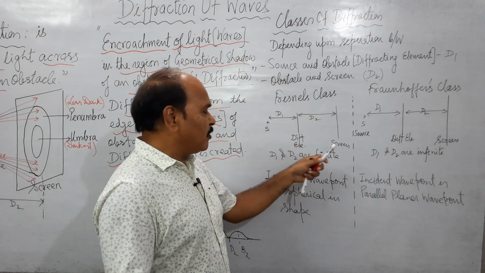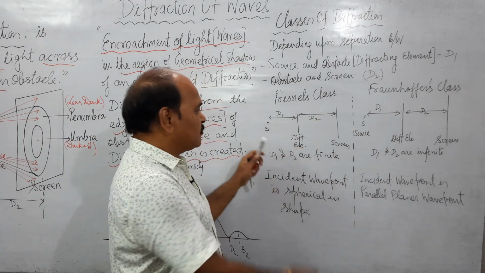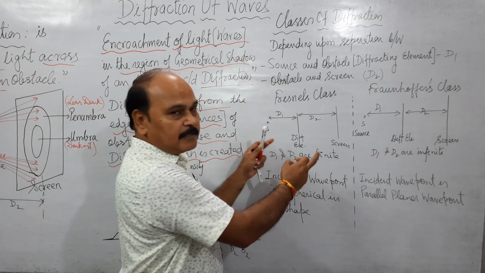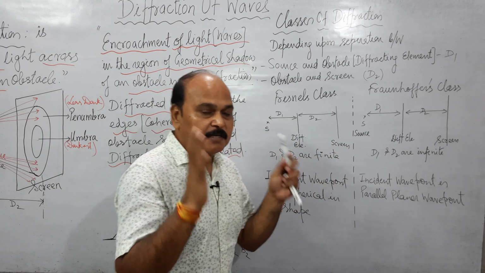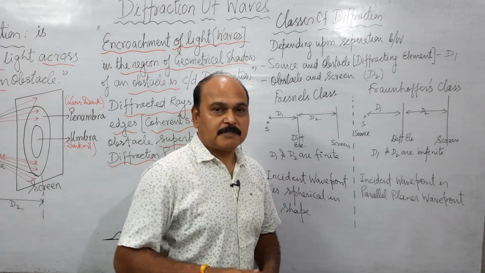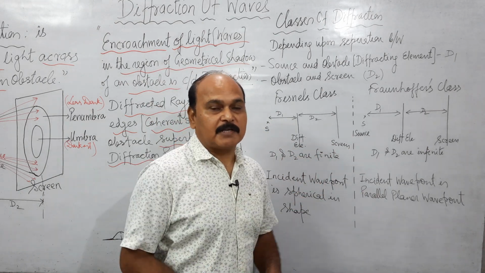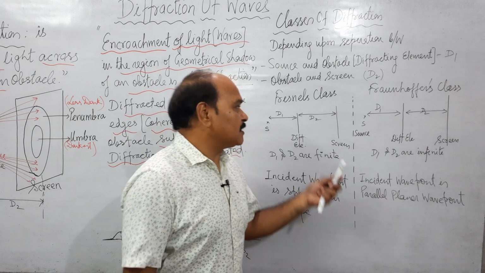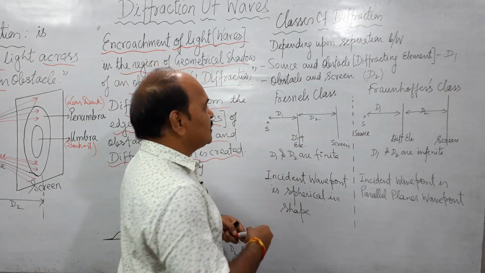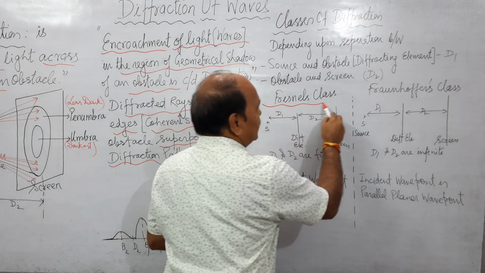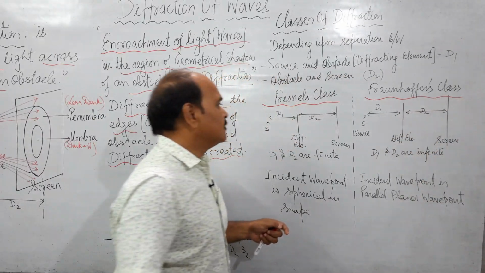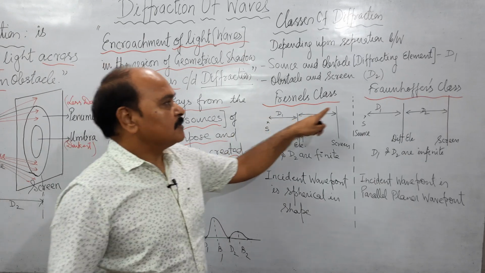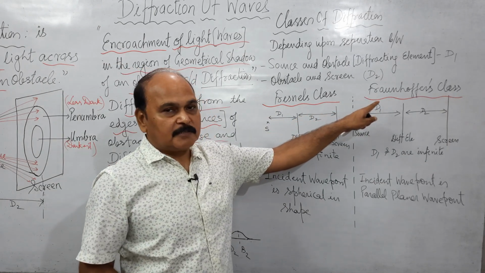So depending upon the relative separation between source, diffracting element and screen, diffraction is of 2 different types. There are 2 classes of diffraction: Fresnel's class of diffraction, and the other one is Fraunhofer's class of diffraction.